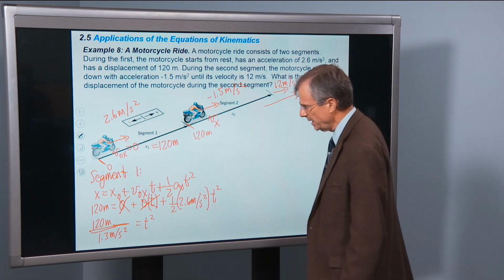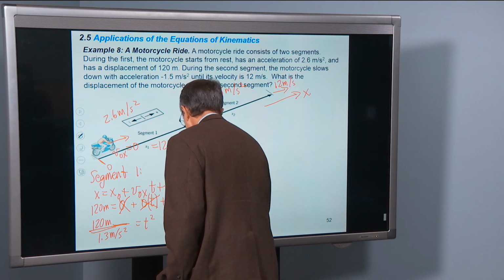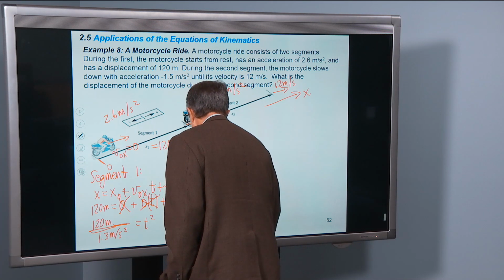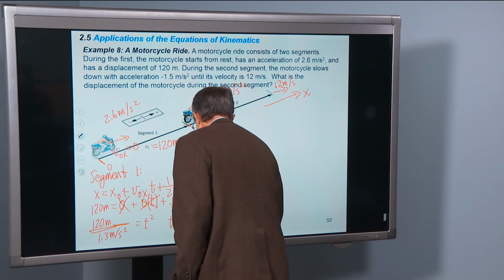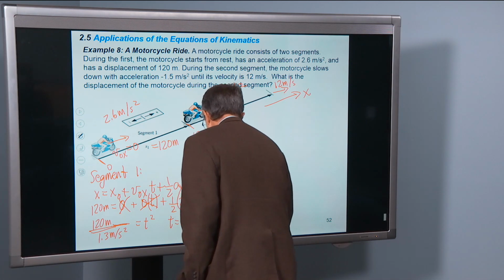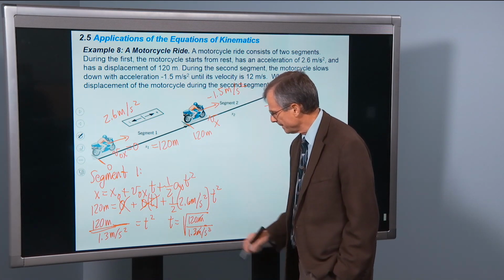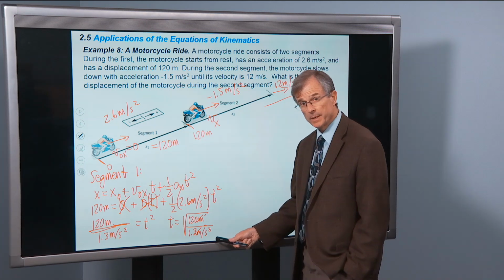To find t, I can just take the square root of both sides. Check the units. The meters cancel. We have 1 over second squared.